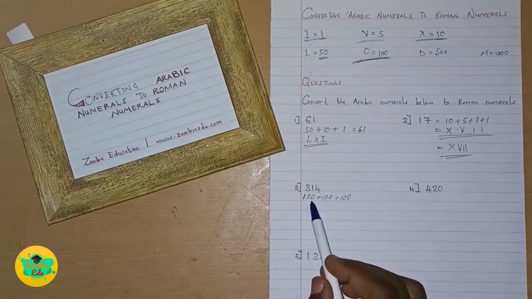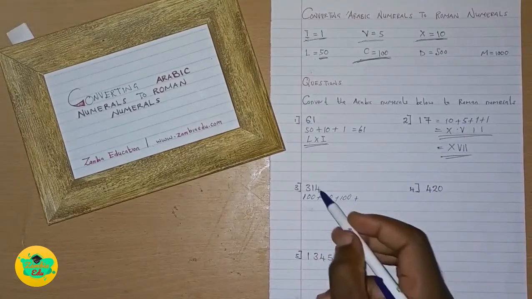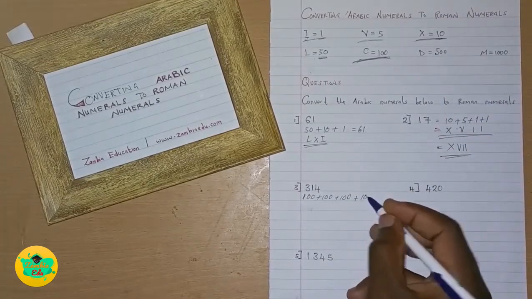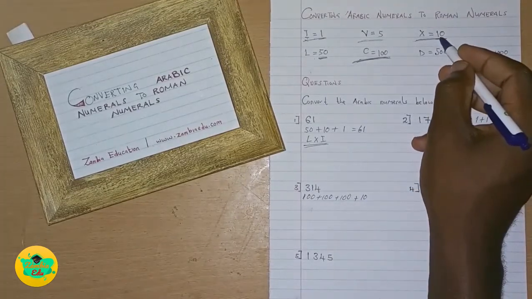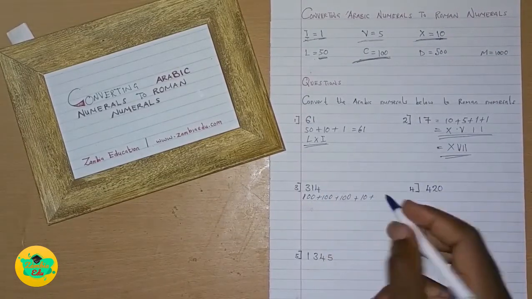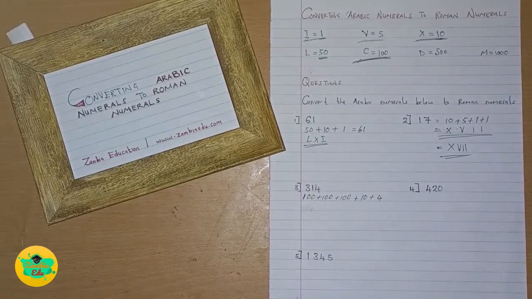So you make 3 groups of 100 plus, let's now make a 14. For a 14, we can use a 10 there, and then we can add a 4. So 4 in Roman numeral is IV.